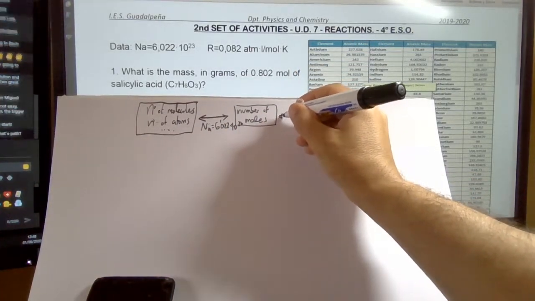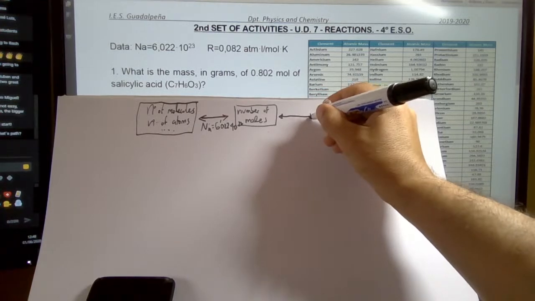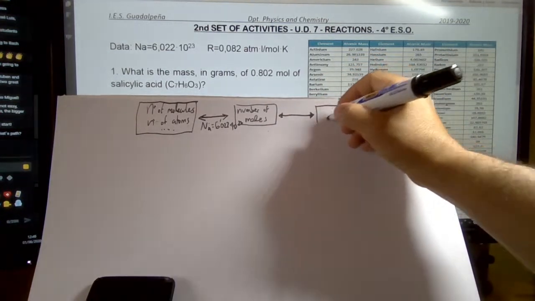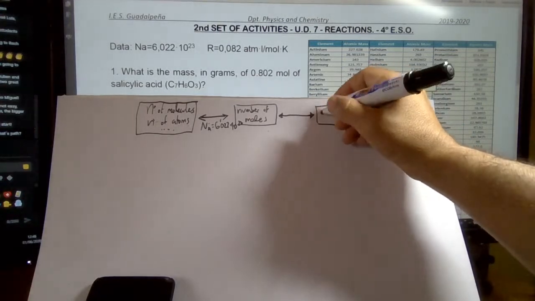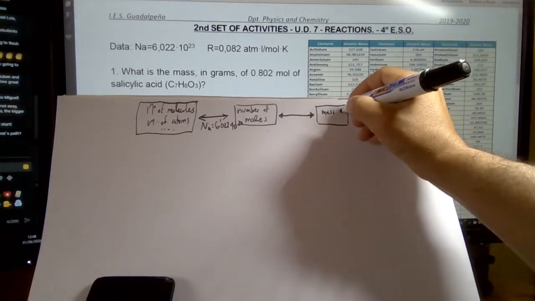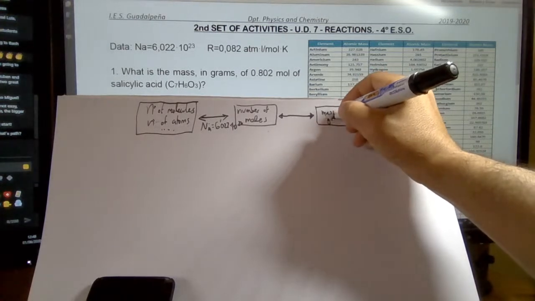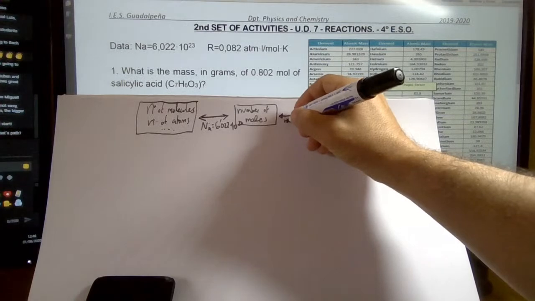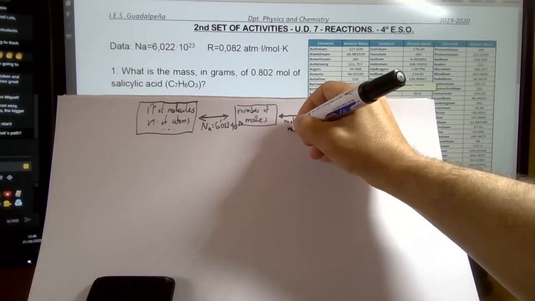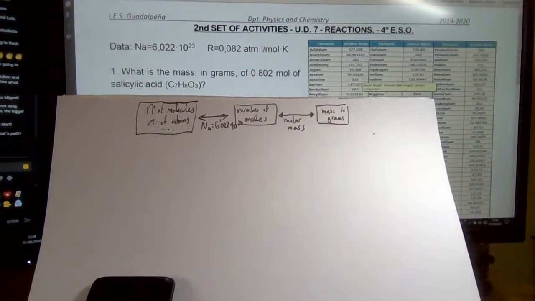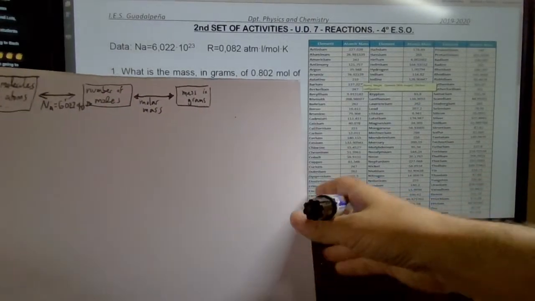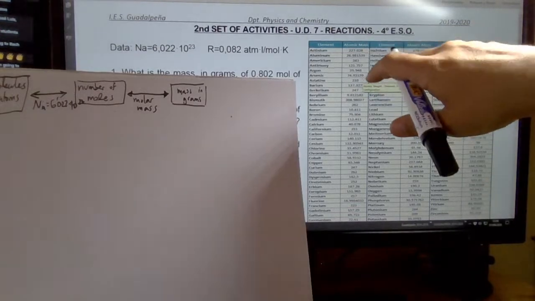Now we know the mass of a mole, and we can obtain the mass in grams using the molar mass. So for each substance, we have here a table with the different atomic masses.